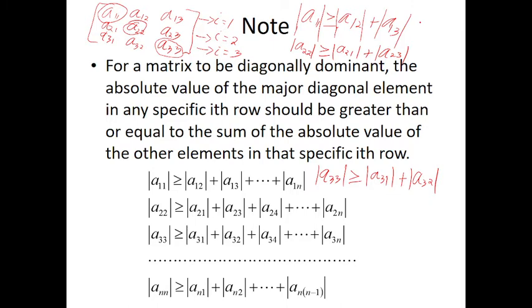So considering row 1, this must be satisfied. Considering row 2, this must be satisfied. Considering row 3, this must also be satisfied. Once the three are satisfied, the matrix is automatically diagonally dominant. That is, the absolute value of the major diagonal element in any specific row should be greater than or equal to the sum of the absolute values of the other elements in that row: first row, second row, third row, fourth row, fifth row, if there are any.